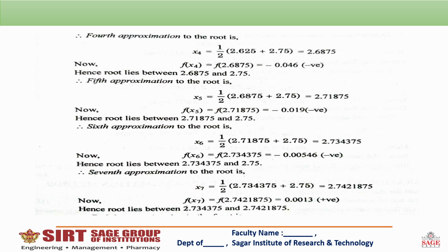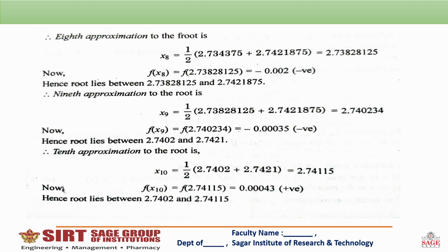And we will continue this process and find approximations like x5, x6 and x7, and we can see that x5, x6 and x7 match up to one point.